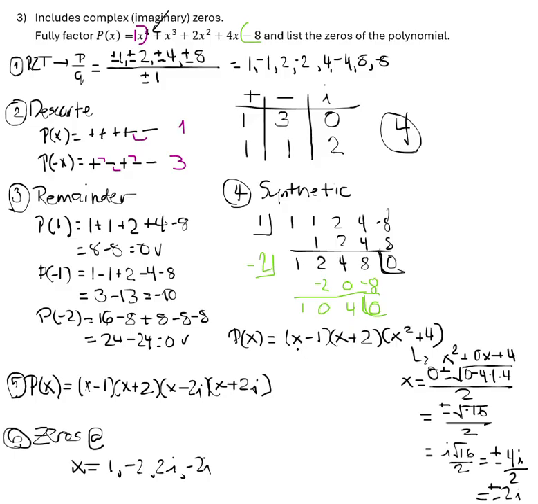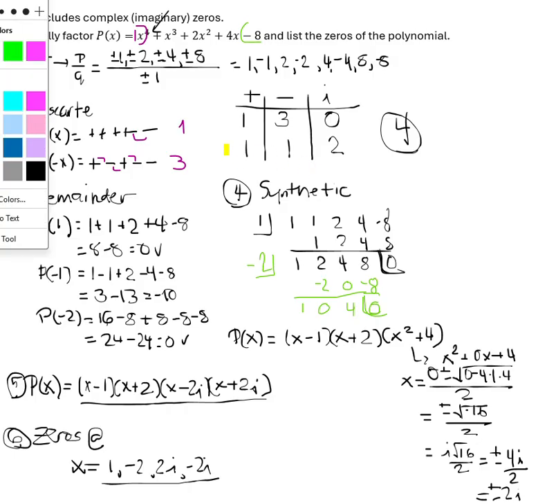Degree 4 had 4 linear factors, 1, 2, 3, and 4. And it had 4 x values, 1, negative 2, 2i, and negative 2i. Notice what we ended up with here.